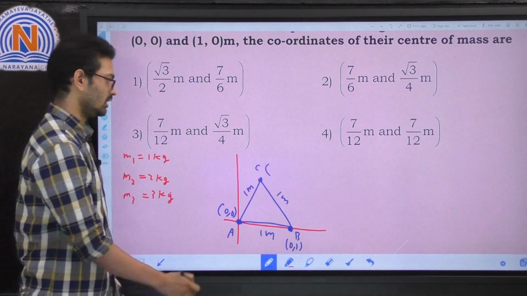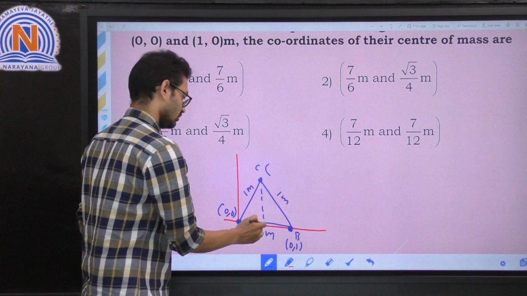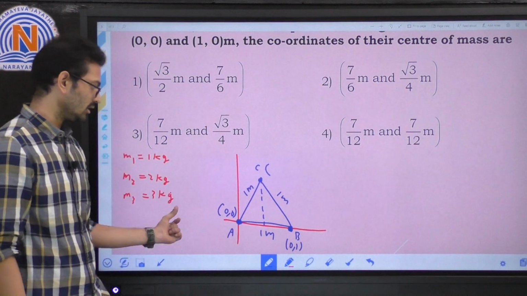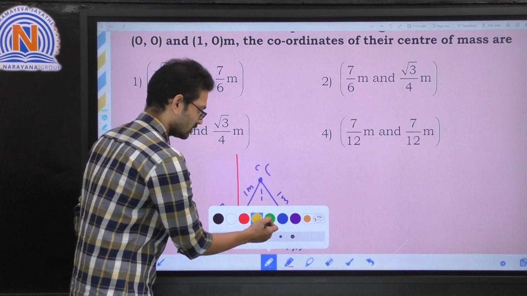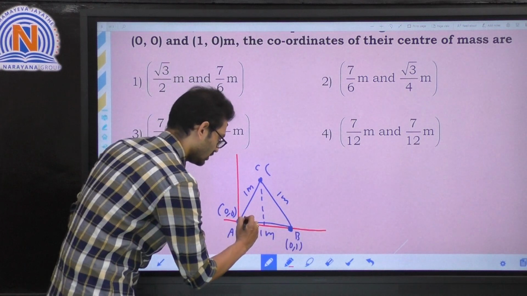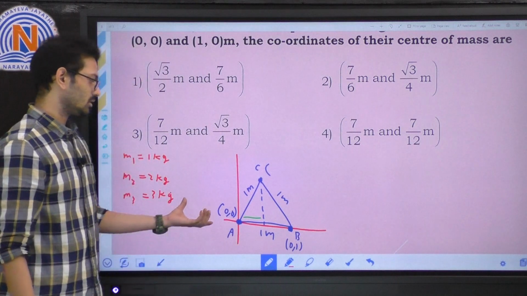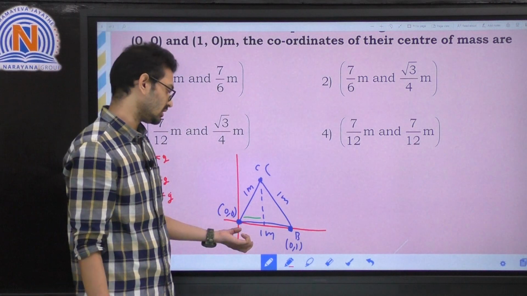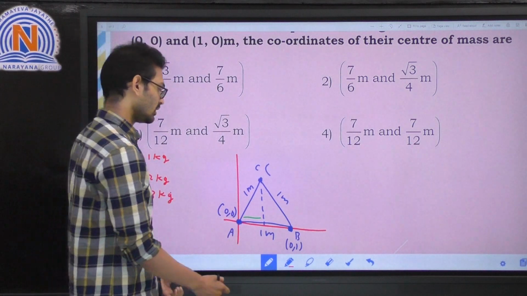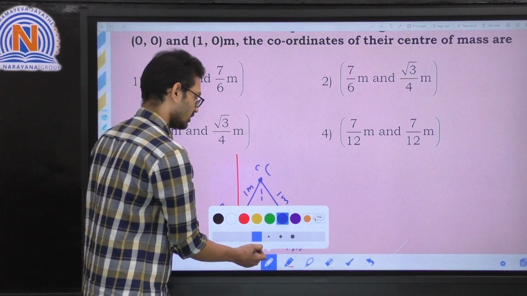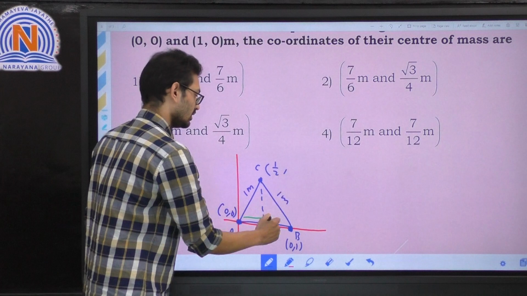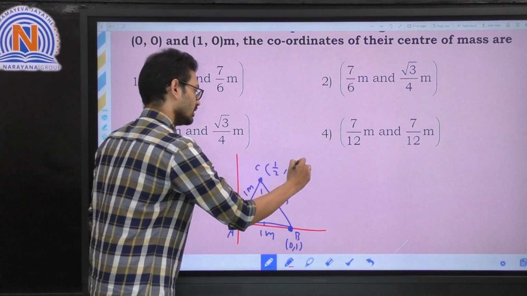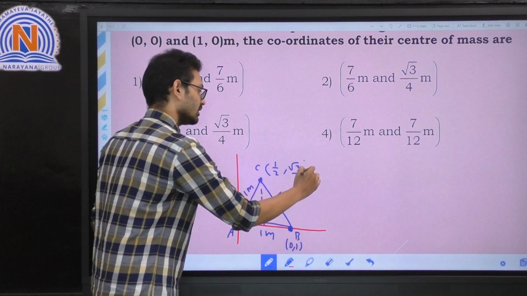C, you have to take care about it. Now if you find its x component, that x component is nothing but this one. It is just half of that 1 meter. So 1 by 2, and the y component is going to be √3/2 by Pythagorean theorem.